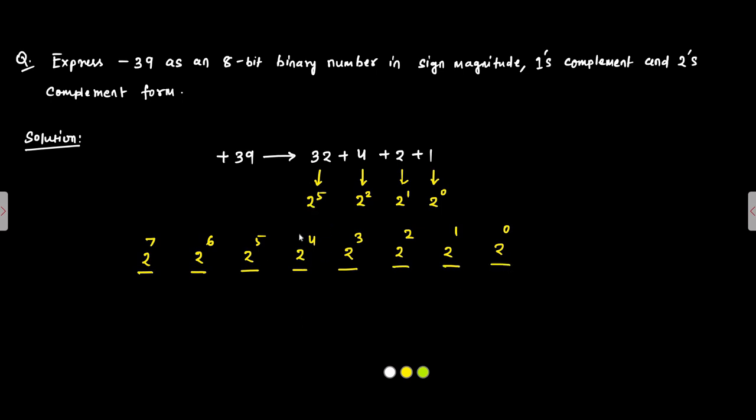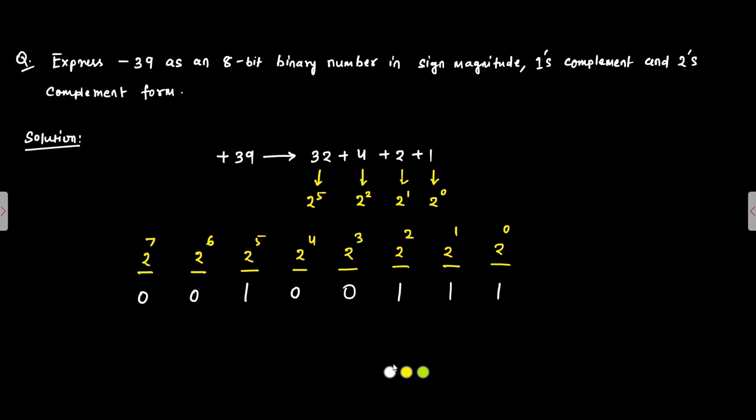These positions will have 1 bits, the remaining will be 0. So 2 to the power 5 there will be a 1, 2 to the power 2 there will be a 1, then 1 and 0, 1. Remaining all positions will be zeros. So this is the binary representation of plus 39.